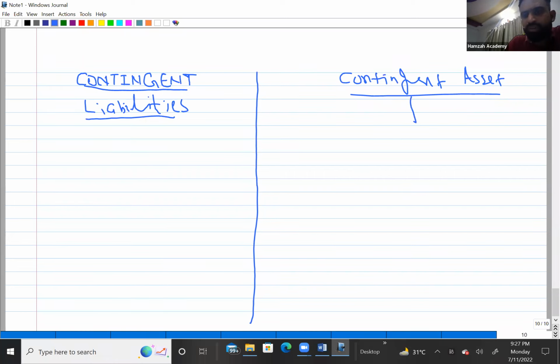Now, the contingent liabilities and contingent assets are only disclosed.